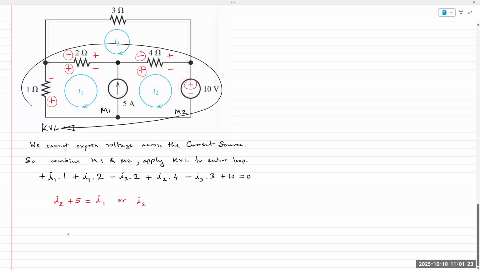So it's I2 minus I1 equals 5 amps. That's an extra additional equation we can write. But again, because it's a current source, we cannot add the voltage for that current source into our KVL expression. So we simply do not use it in our KVL expression.